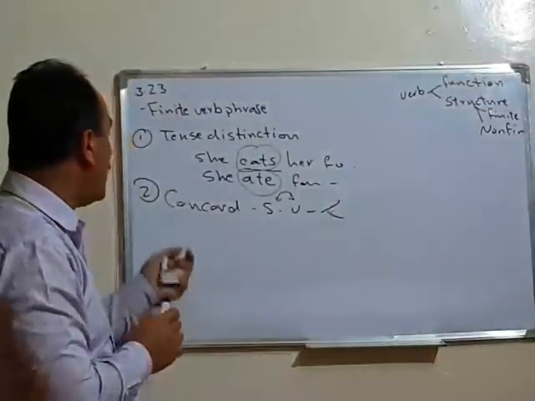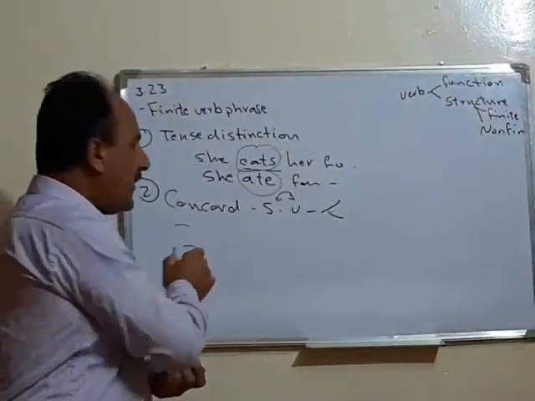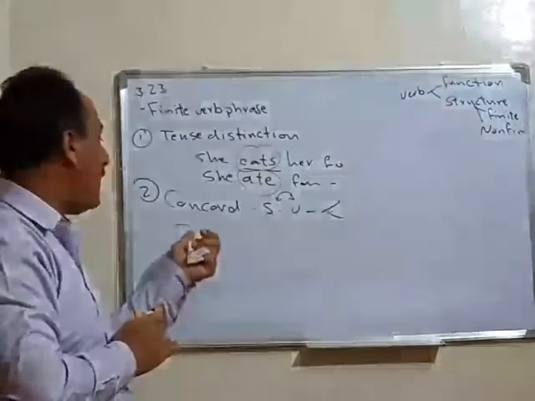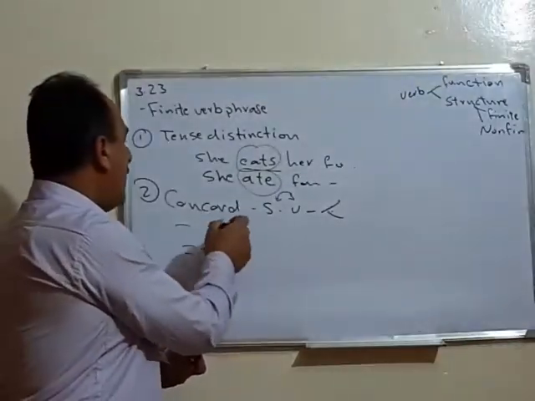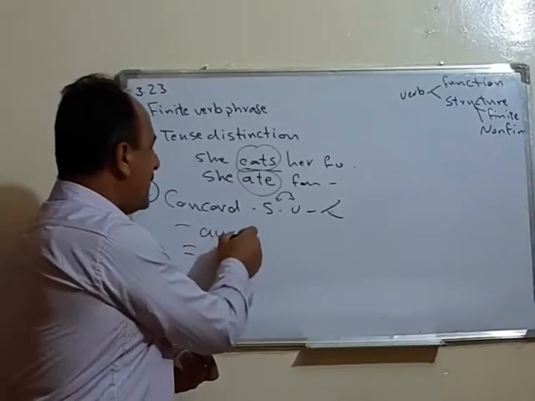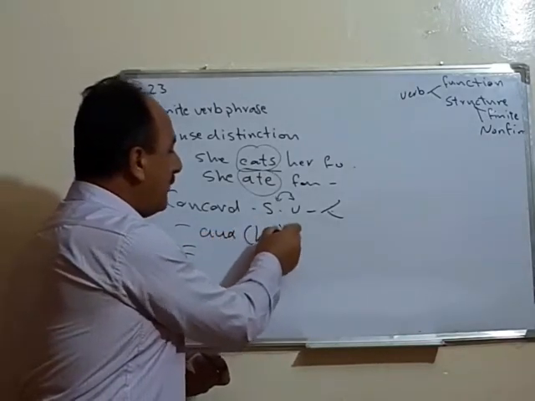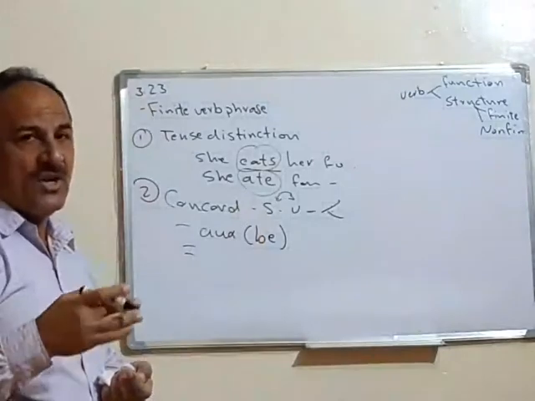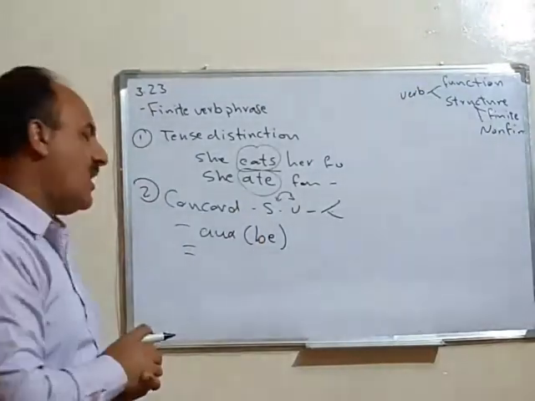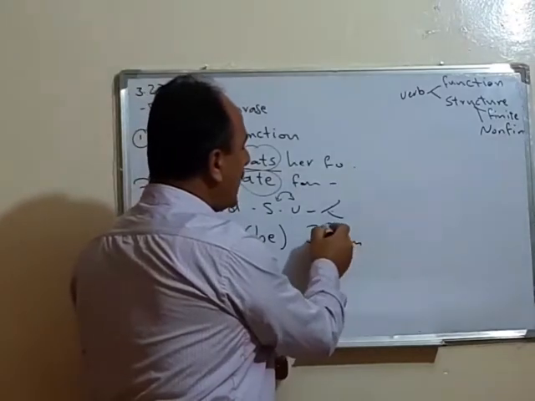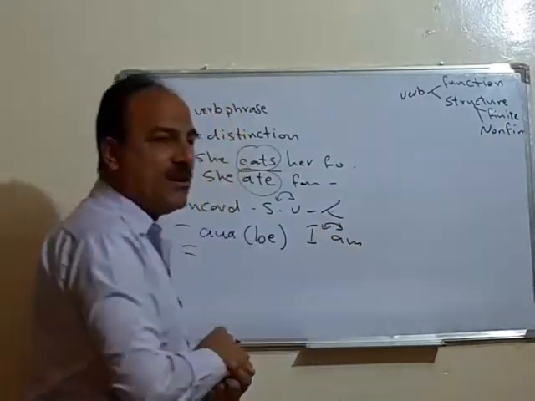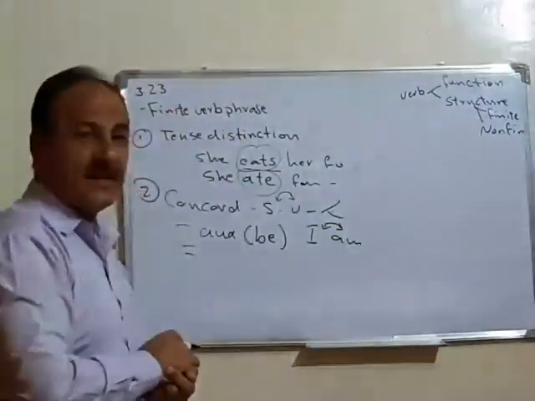This concord has three cases. The first case, which is very clear, is with the auxiliary verb, especially the verb be. Whenever we change the subject, we have to change the verb. For example, if I say "I am", there should be concord between I and am.